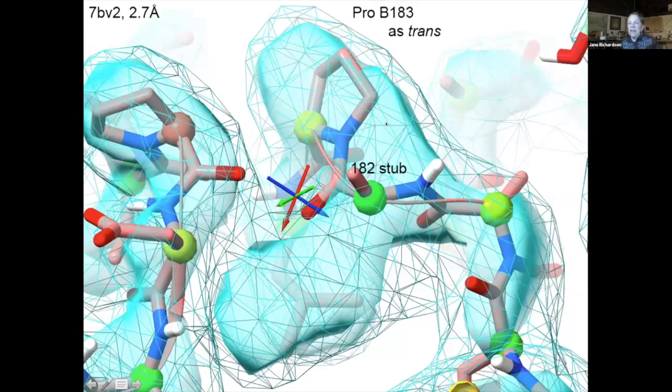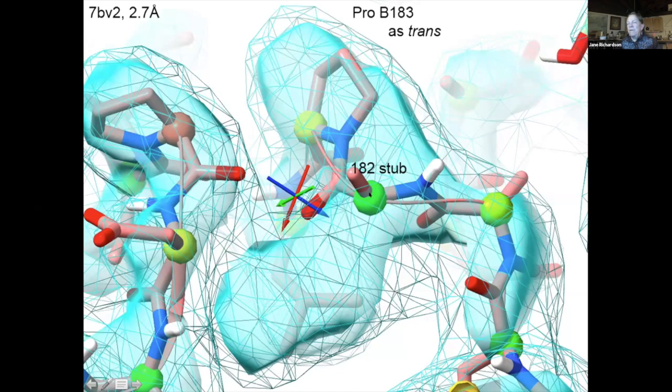And this can do marvels for fixing up 3 to 4 angstrom structures, at least marvels when Tristan does it, and pretty good marvels when other people do. So for instance, one of the examples in one of the SARS structures that we worked on collaboratively is a place where what should be a cis-proline had been fit as trans.